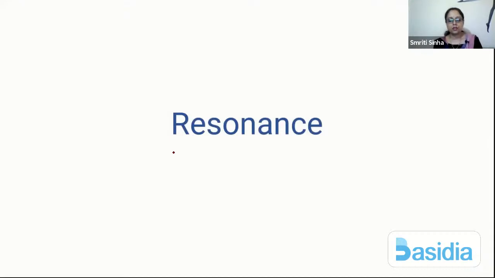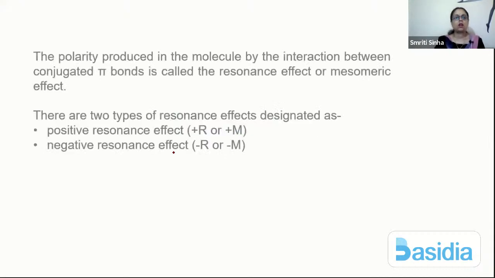Next is resonance. So what is resonance? Resonance is a condition where there is movement of pi electrons. We have seen that in inductive effect there was movement of sigma electrons, but now in resonance there will be movement of pi electrons through pi bonds. For resonance, the first condition is that your system should be conjugated.